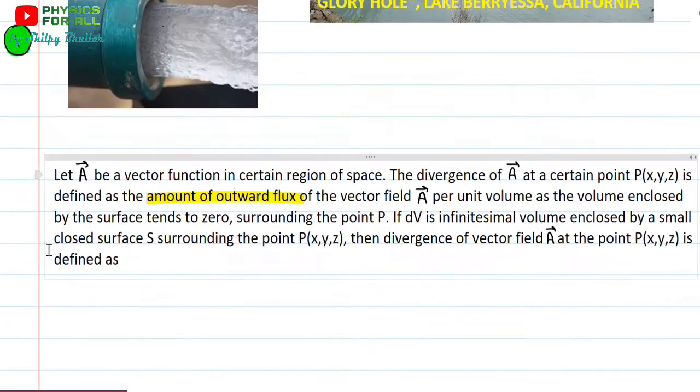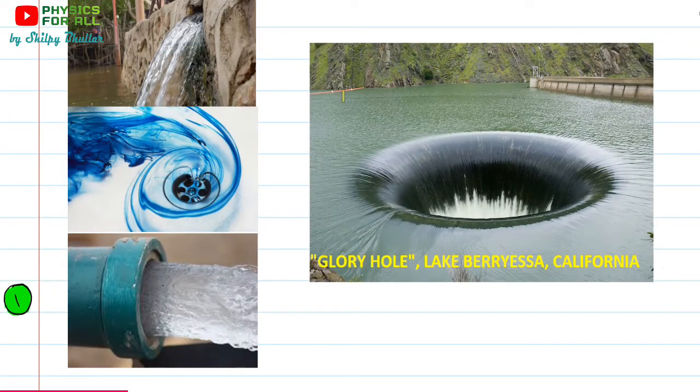So whatever region we consider here, suppose this is the particular region we have picked, we will try to find the amount of water which is just moving through this surface. So what is the outward flux?